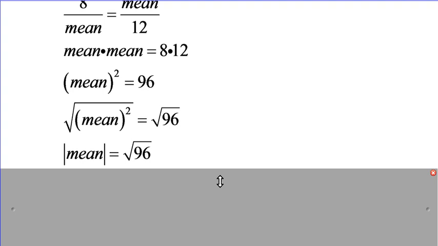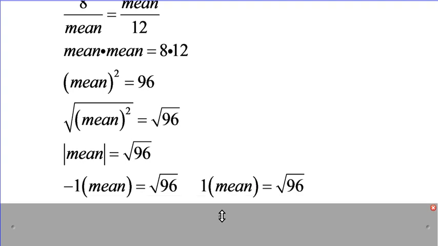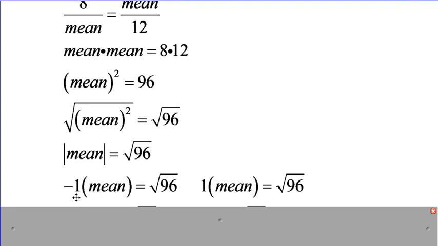We have to remember that the absolute value measures the distance from 0, and we can move 2 ways on that number line: to the left and to the right. When we go to the left of 0, we're working with negative values. When we go to the right of 0, we're working with positive values. So I'm going to show each of those. Now we just have to undo each of these to solve for the mean.